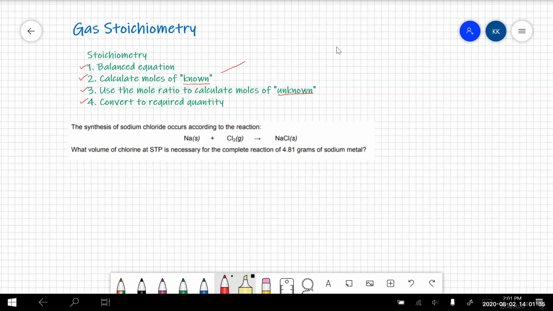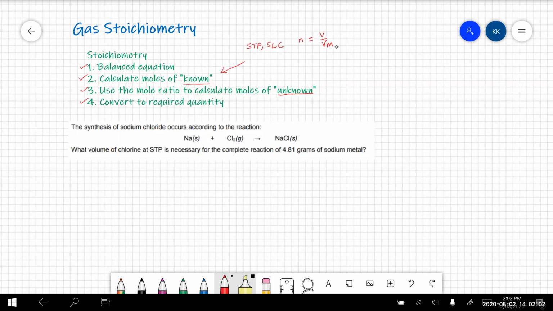We have learned how to calculate the number of moles of gases, and we can do this at STP or SLC using moles is equal to the volume divided by the molar volume, and we know that our molar volume at STP is 22.4 litres per mole and our molar volume at SLC is 24.5 litres per mole.